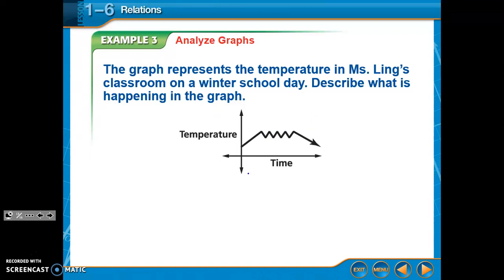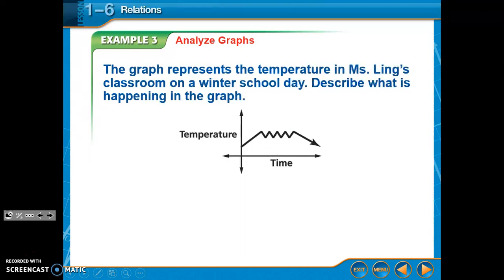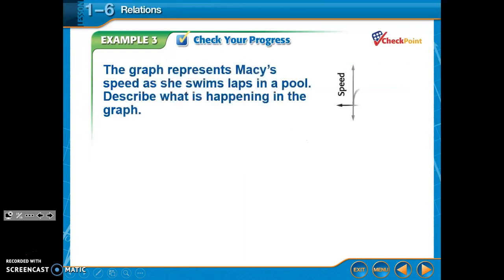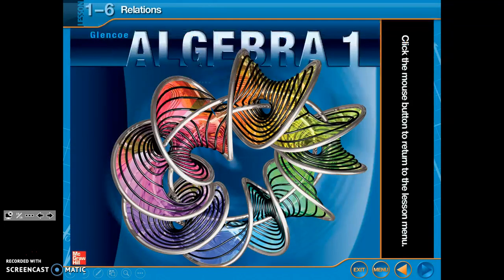There's not necessarily one right answer, but the answer you give has to make sense based on what is going on in this graph. Here it shows it increases, and it goes up and down. Okay? So you guys think about which would be a good explanation for this one. And that's the end of lesson 1.6.